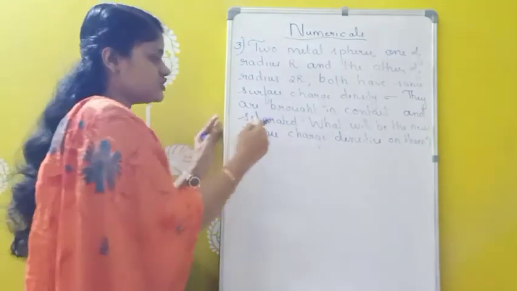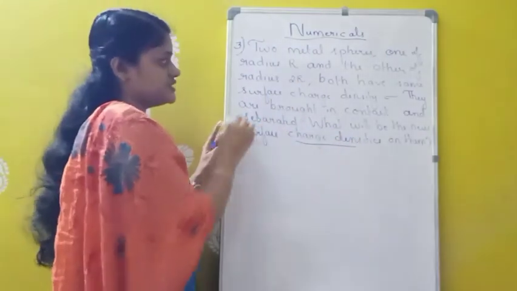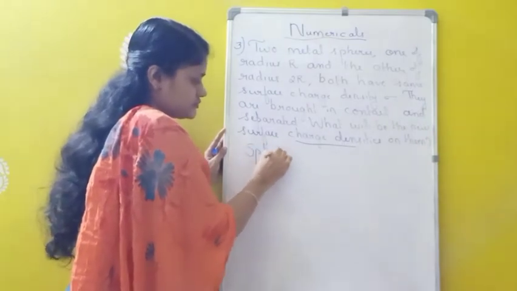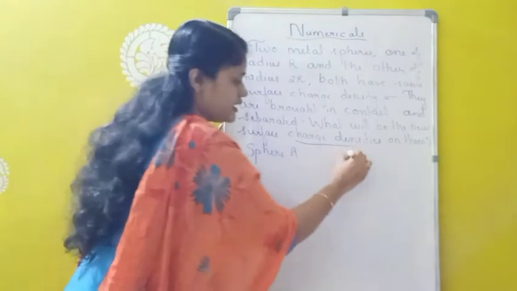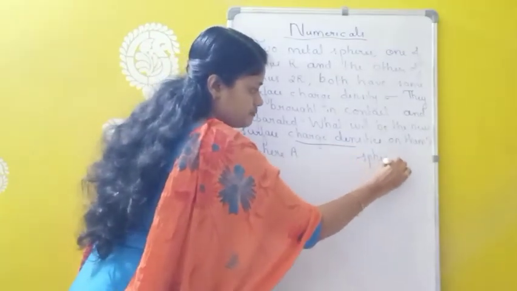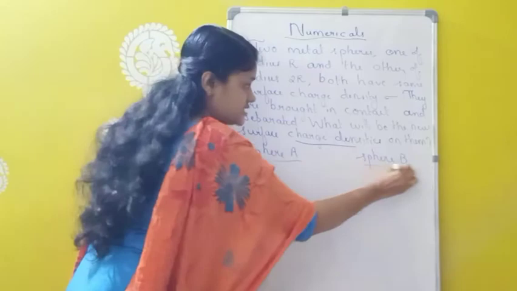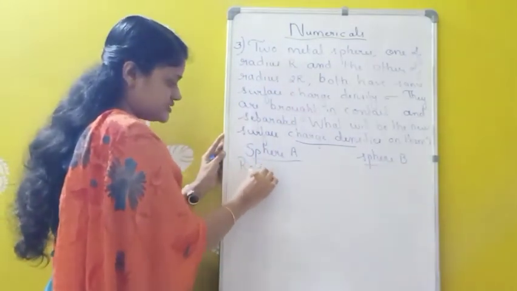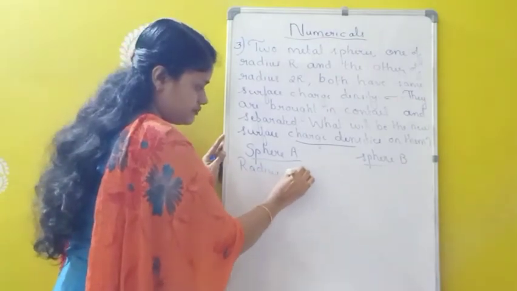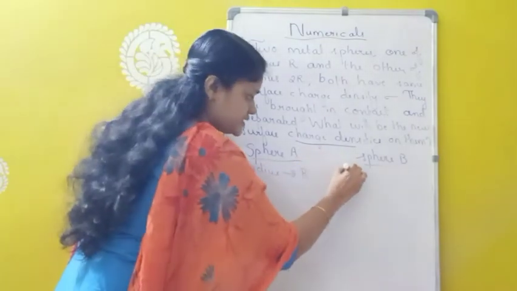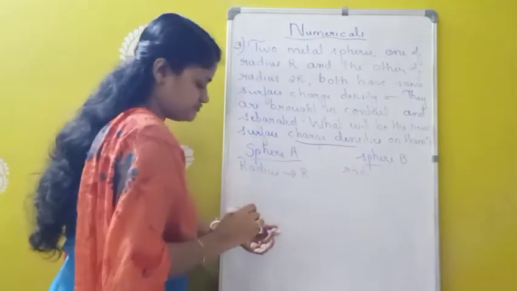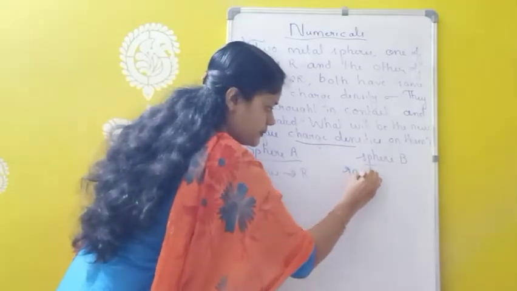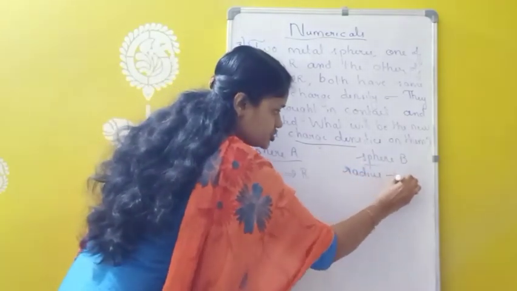First of all, we can write the data. We have two metal spheres. The first one I am taking as sphere A and the second one as sphere B. The radius of the first sphere is capital R, and the radius of the second sphere is 2R.